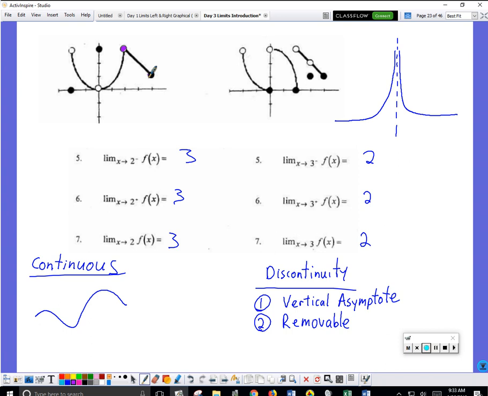Okay. The other thing you need to memorize about removable: a removable discontinuity occurs when the left and right limits are the same, but different than the value of the function. So that's what's happening here. The left and right limit are both 0. We saw that on this page.